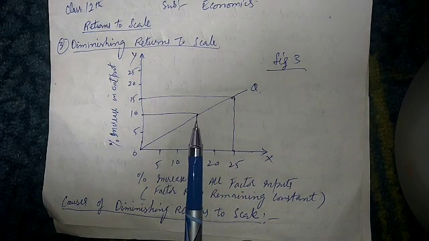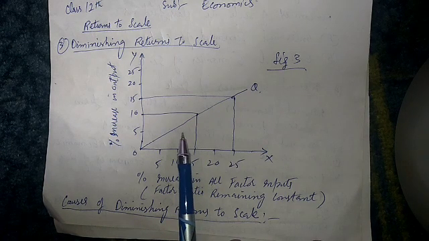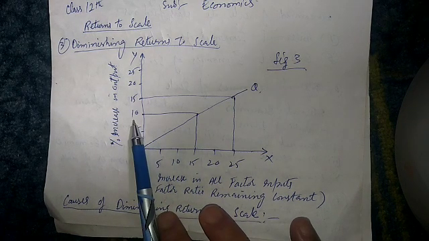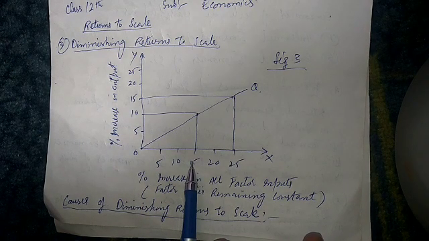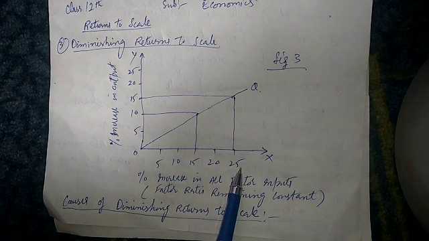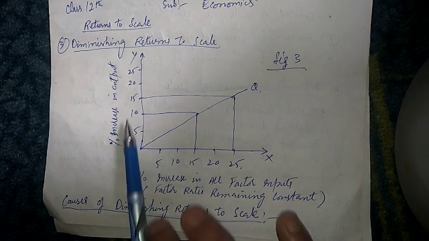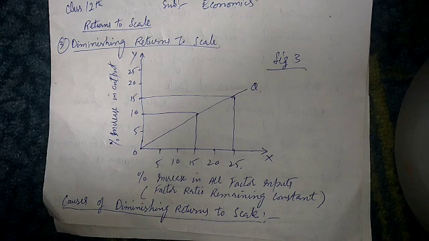Now, you see, in this figure, it shows that a 15% increase in all factor inputs causes only a 10% increase in output. Likewise, a 25% increase in factor inputs causes only a 15% increase in output. So returns to scale are thus diminishing.